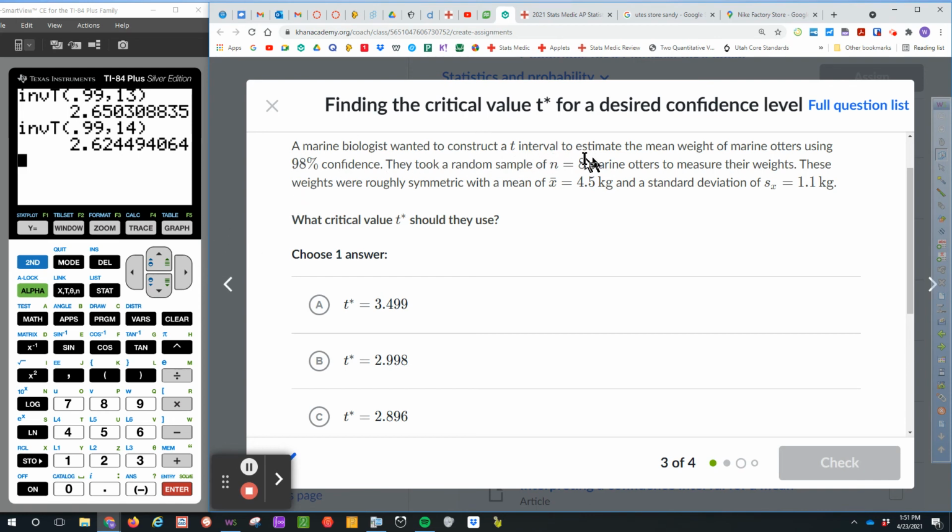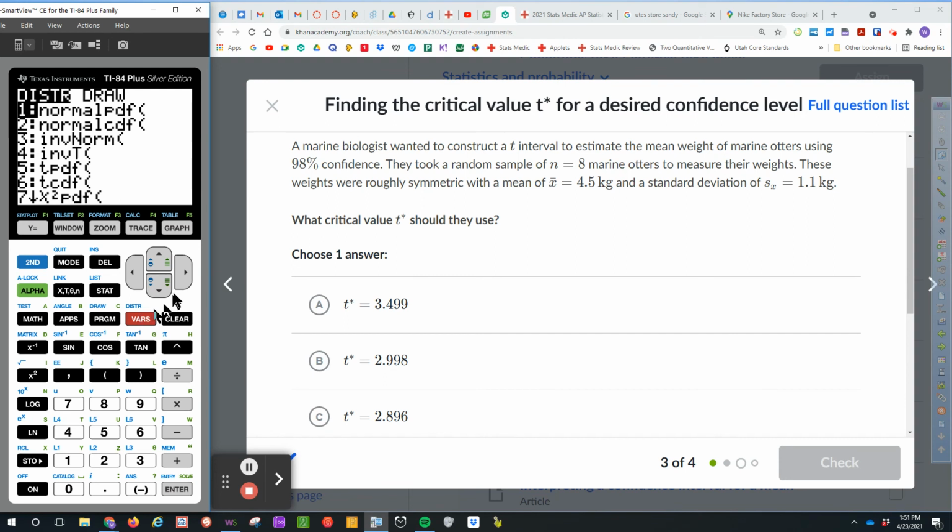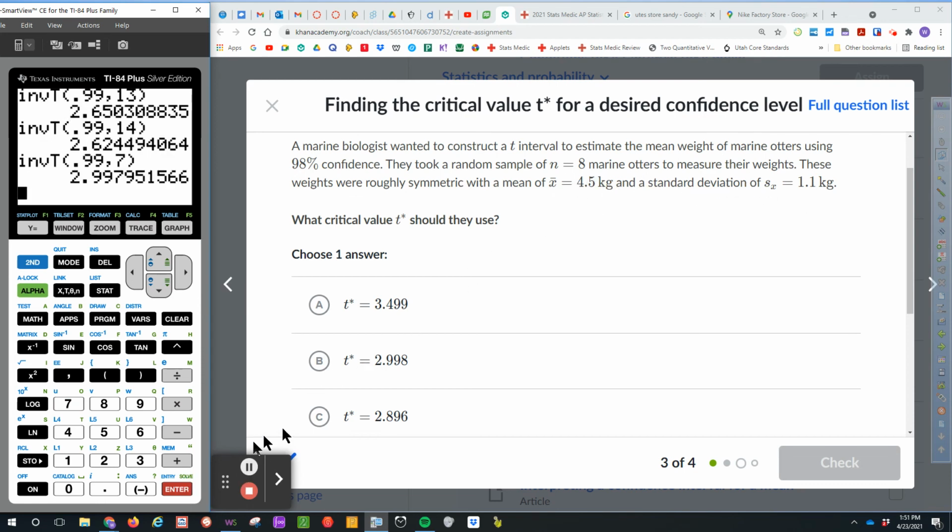The degrees of freedom would be n minus 1, which is 8 minus 1, 7. So immediately go to second vars, inverse T, and it's 0.99 again. This time degrees of freedom is 7. The rest of the information is kind of useless. It's there just to trick you. So the answer is 2.998.